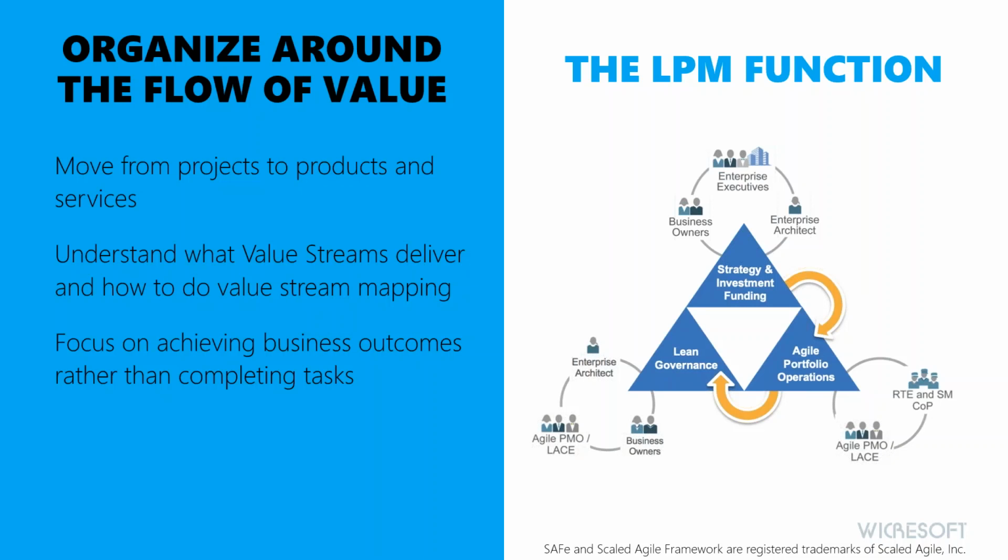The one on the left there is possibly the most important, which is it's all about organizing everybody and everything around the flow of value. And part of that means shifting thinking from projects to products and services.